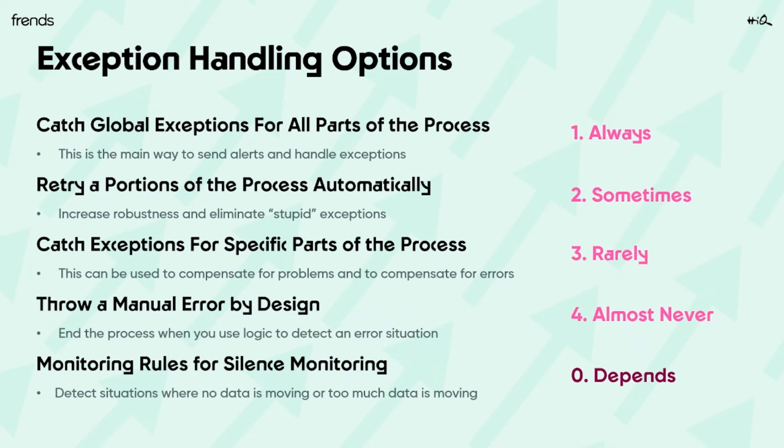And definitely you should have an exception handling strategy in place, meaning you should create a couple of different sub-processes that handle exceptions in slightly different ways. Maybe one creates business-friendly tickets, one creates technical tickets, and so on, and then choose the correct one for each of the processes we are using in Frends.